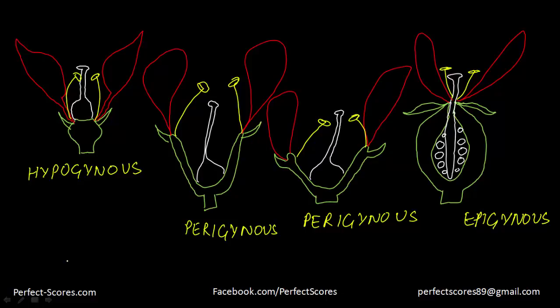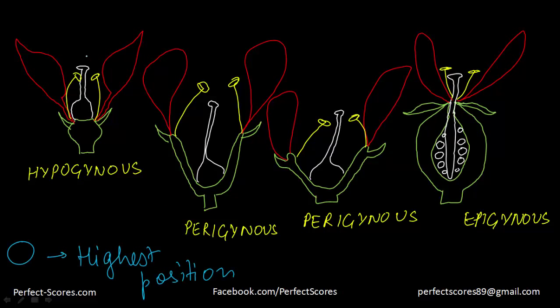Now in the case of hypogynous, the gynoecium occupies the highest position. So let me write it like this and label this. This occupies the highest position, which is the gynoecium. And in such cases, for example, we have mustard, China rose, and brinjal. The ovary in such a case is known to be superior.